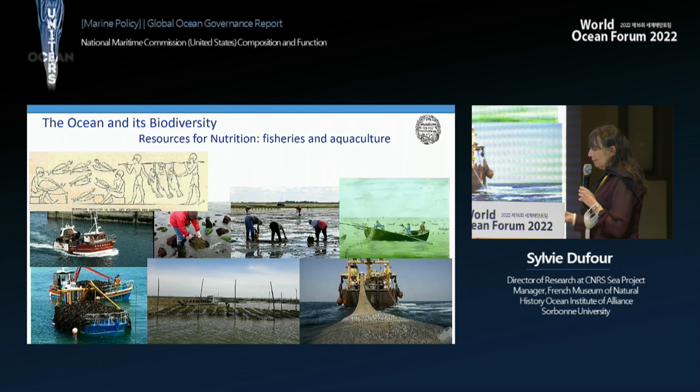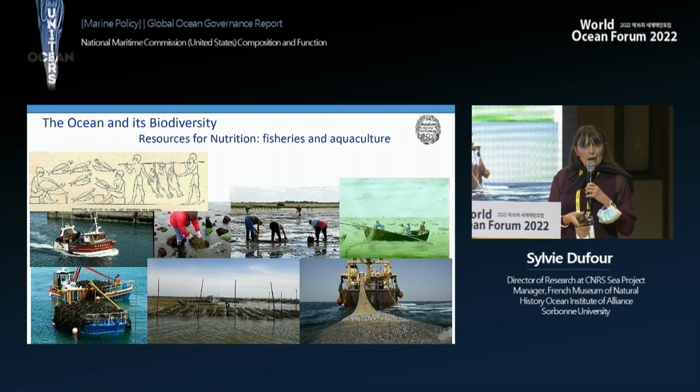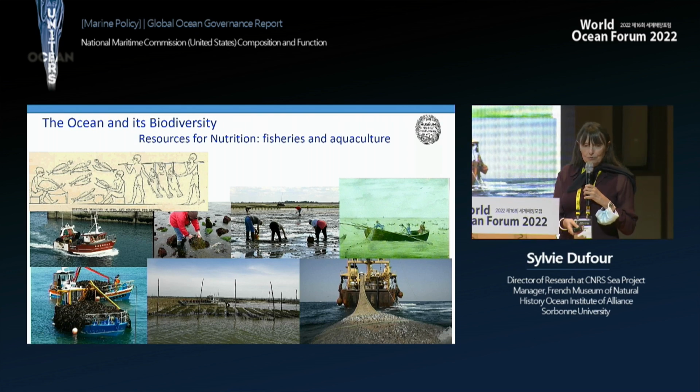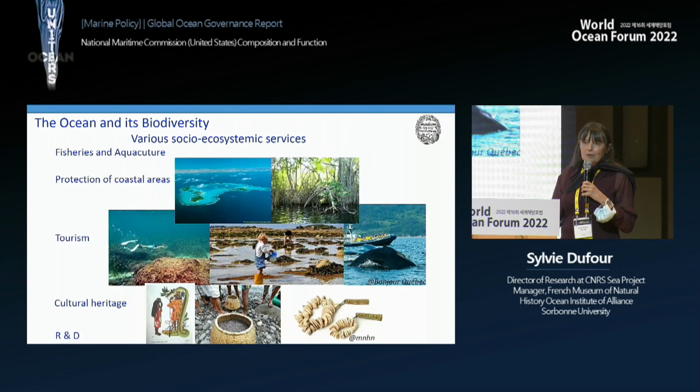And the ocean, with all this biodiversity, has been for long, and is still, a large resource of food for human beings and societies, so fisheries and then aquaculture. And its biodiversity is not only a resource for food, but a resource for many human goods and activities.